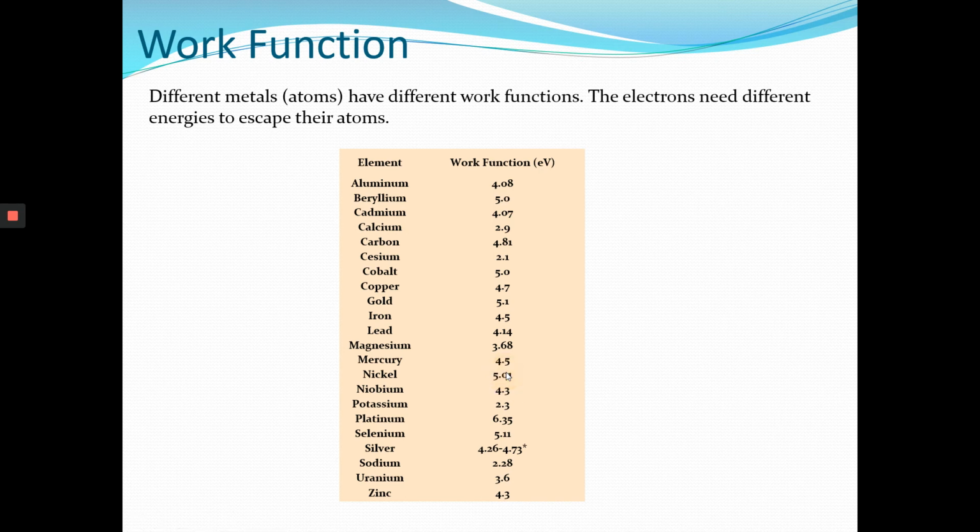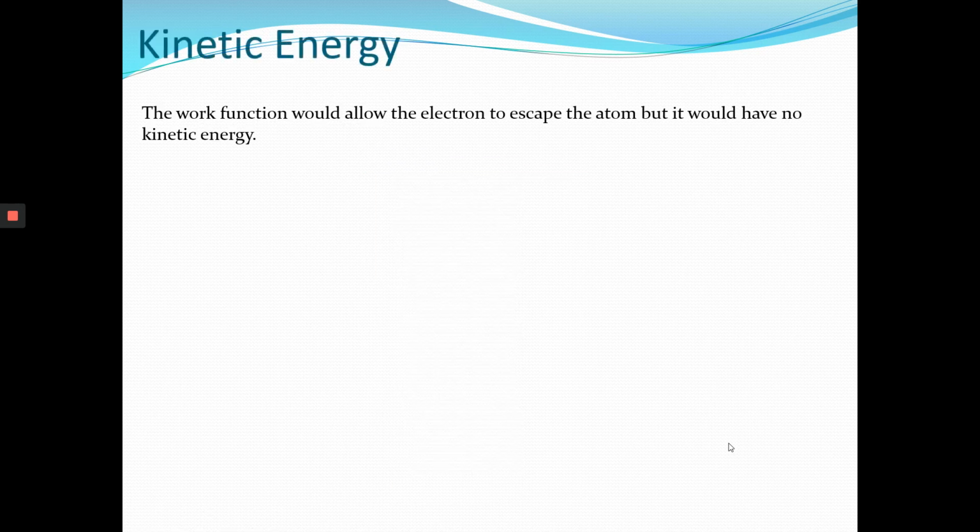So that means for nickel, you would need photons of a higher energy to release electrons from a nickel atom, and you would need less energy to release electrons from a potassium atom. Usually we use zinc when we're doing experiments, but you don't really need to know that. It's just extra information.